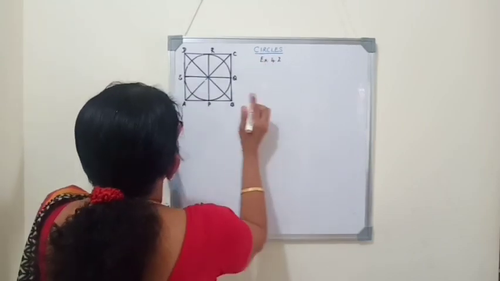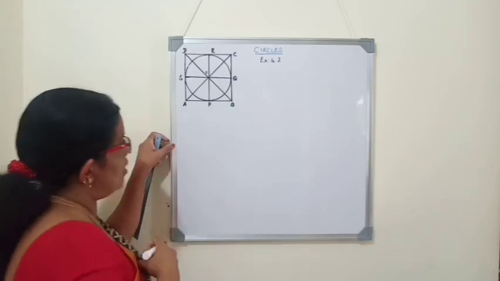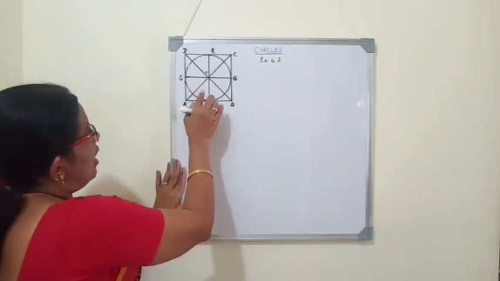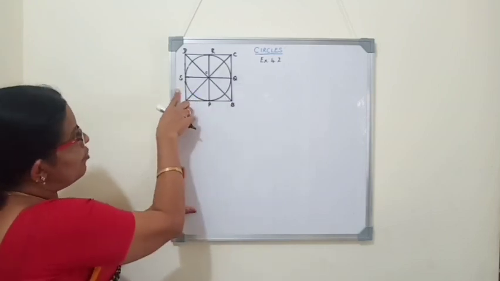So all these lines are passing through the center. O is the center. So here ABCD is a quadrilateral, the quadrilateral is circumscribing the circle, and PQRS are the points of contact.